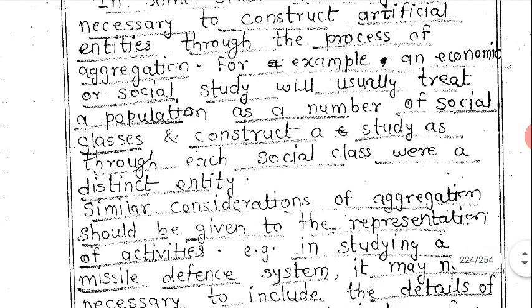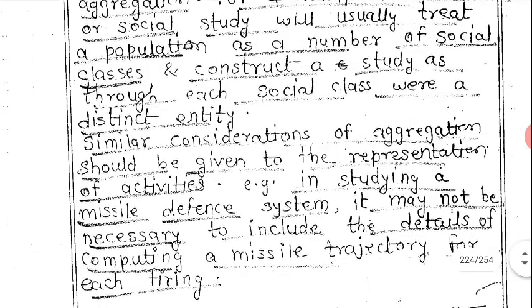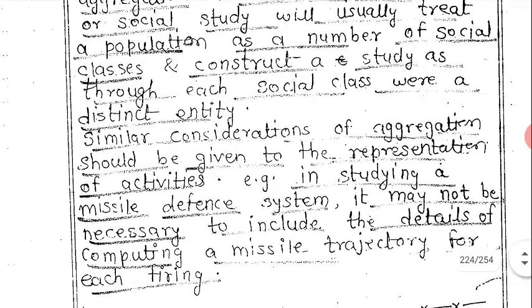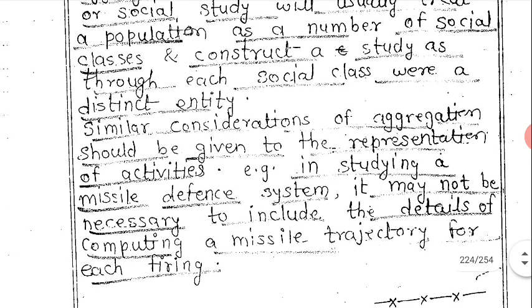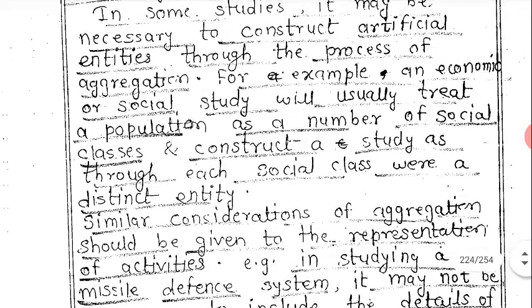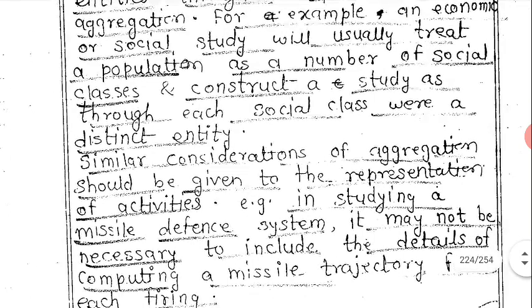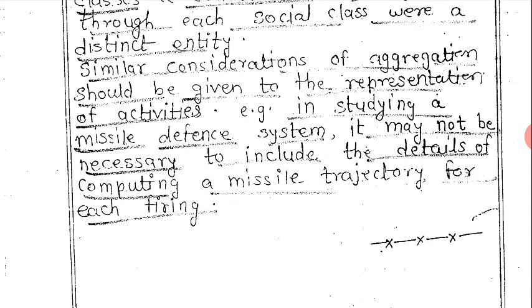For example, an economic or social study will usually treat a population as a number of social classes, and each social class is a distinct study entity. Instead, we aggregate to form the population as a single entity.